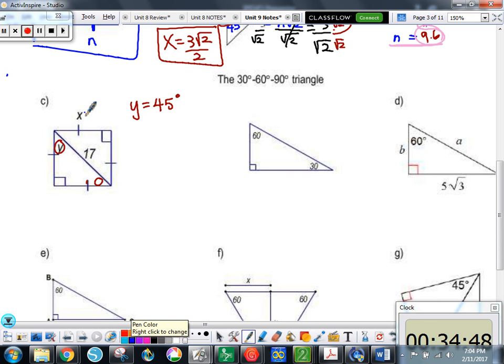So I've got an n square root 2, and somewhere on my triangle is an equation that will help me figure out what n is. So right here is my equation. 17 equals n square root 2, and to get n by itself I have to divide by the square root of 2. So you have to solve this equation.